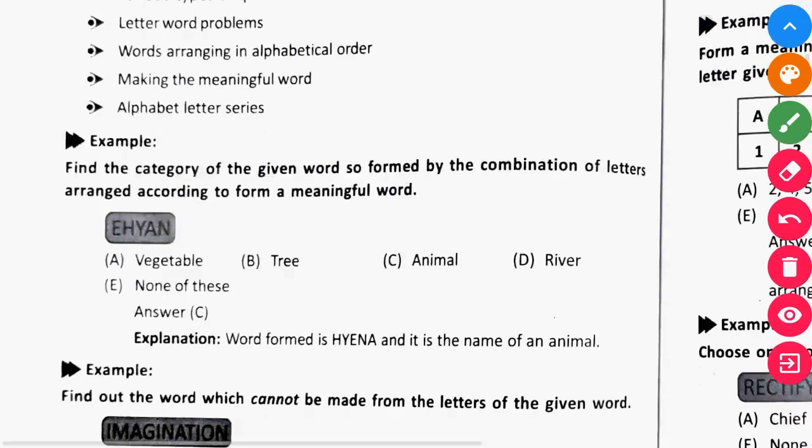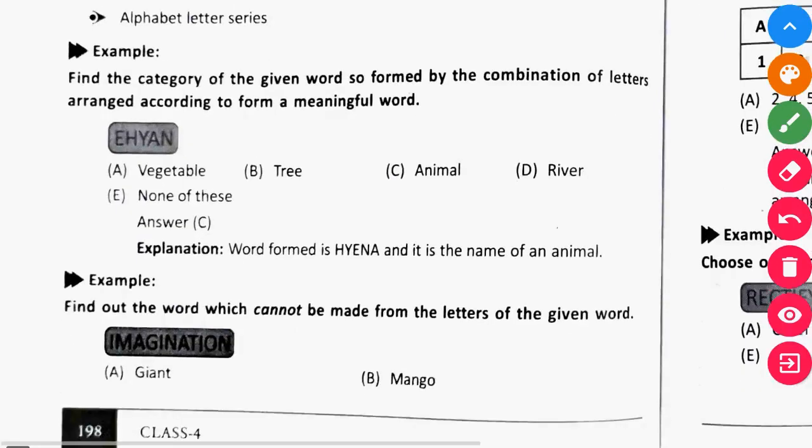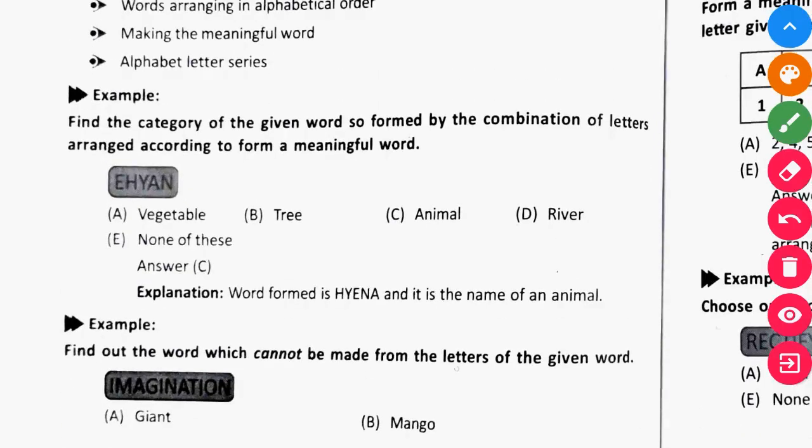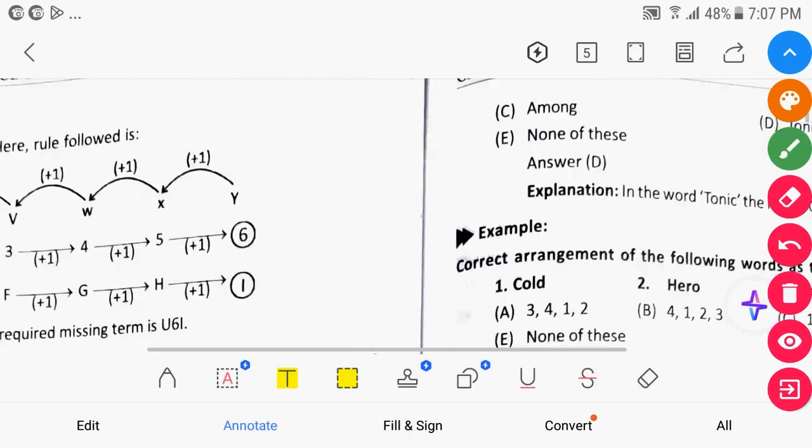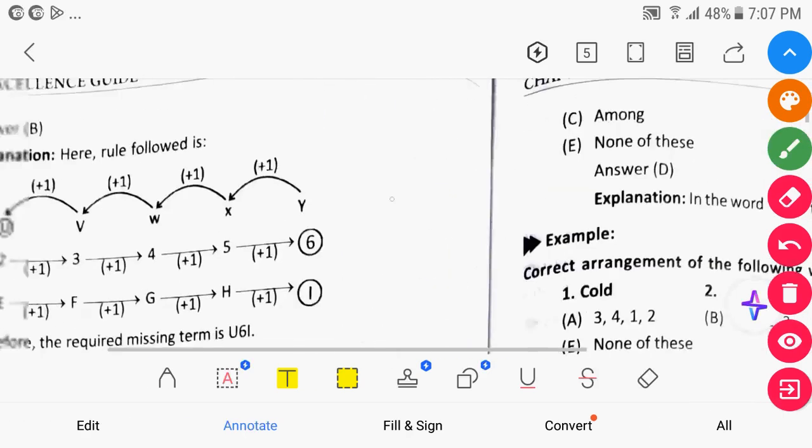Okay. Now the next one is: find out the word which cannot be made from the letters given below. Now see, the word given is imagination, and we have to identify whether giant is formed from the letters of imagination, or mango is formed, or among, or tonic.